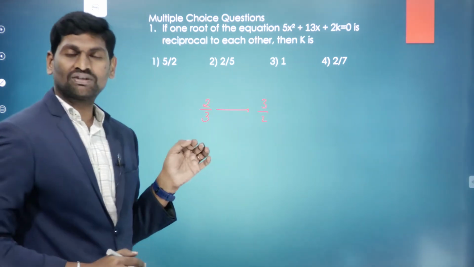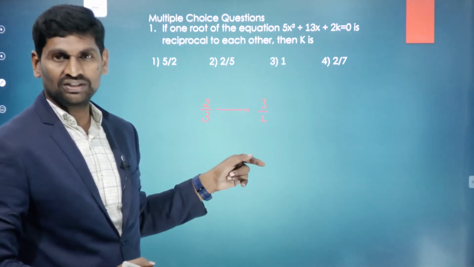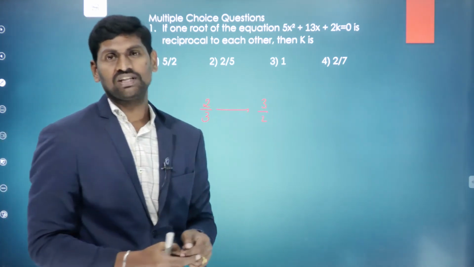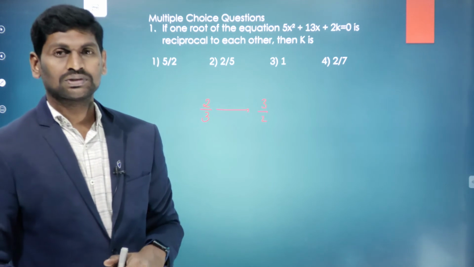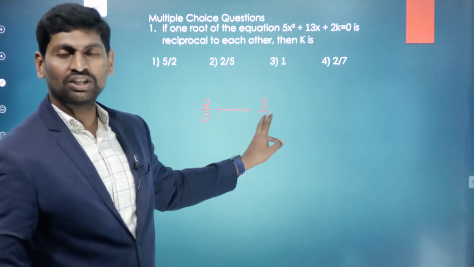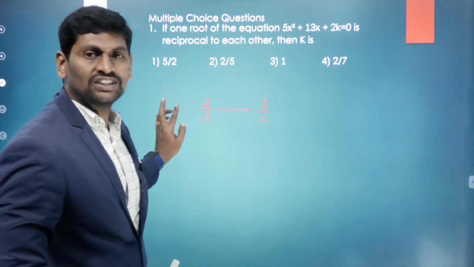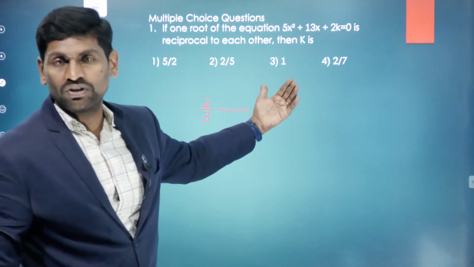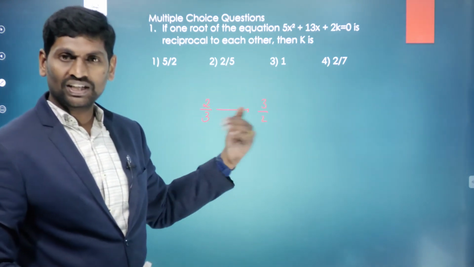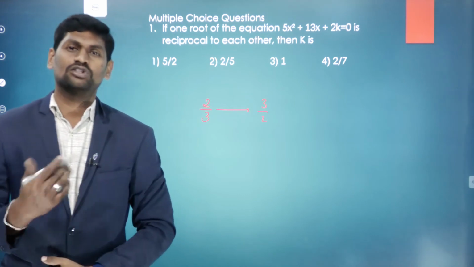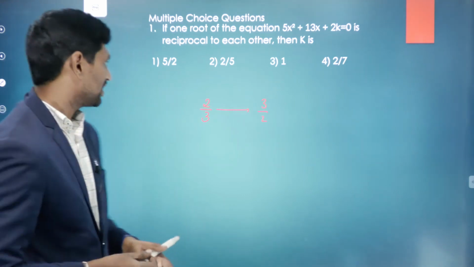That means the position of the numerator and denominator will be changed. When you multiply these two numbers, will give the answer 1. So reciprocal is nothing but just change the positions of numerator and denominator. That's it. Okay, right.